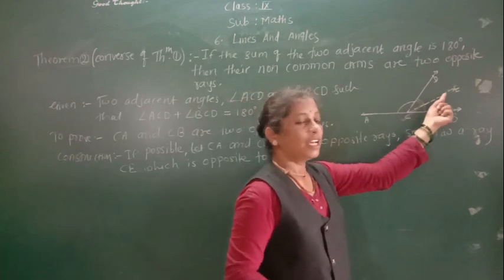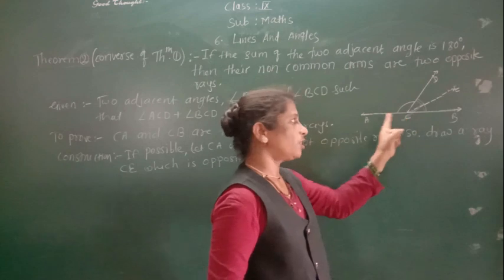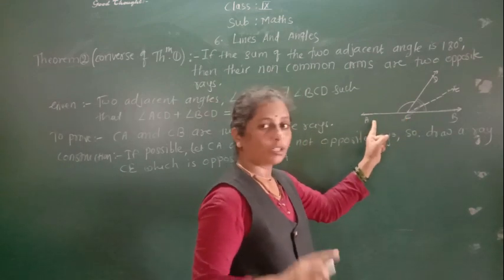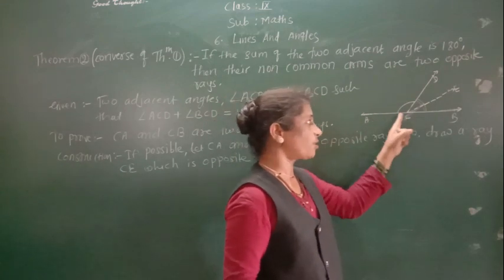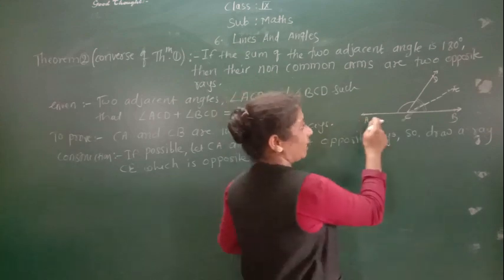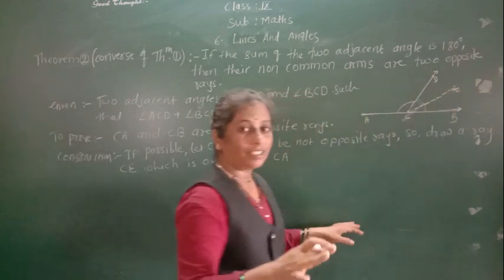Draw another ray CE, which is opposite to CA. And so what will be there? If CE is opposite to CA, then ACE will be a straight line.